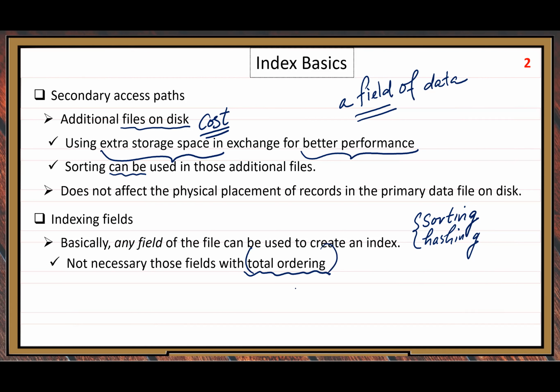So what's that? For any two data items in that field, we can compare them to find the order using the less than, equal, greater than relationship.